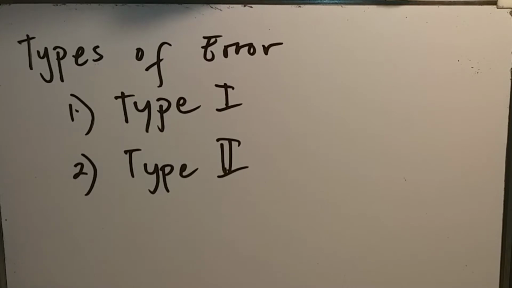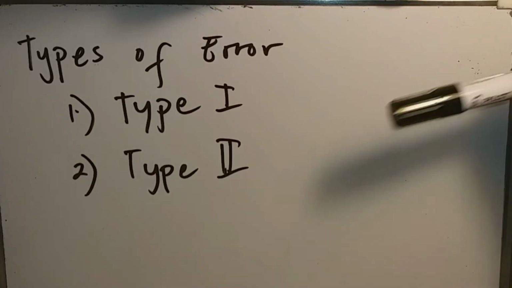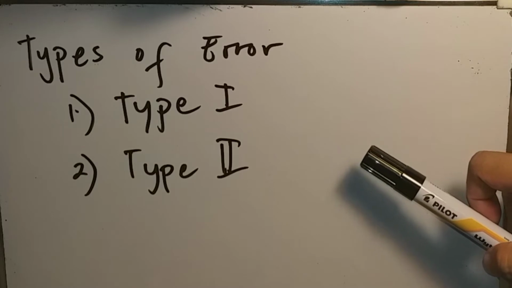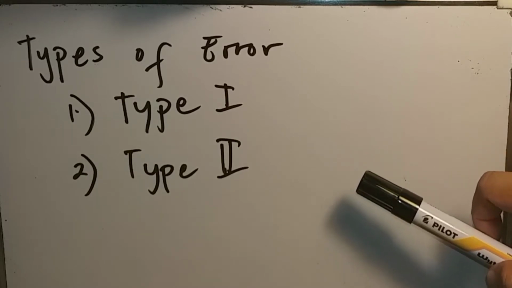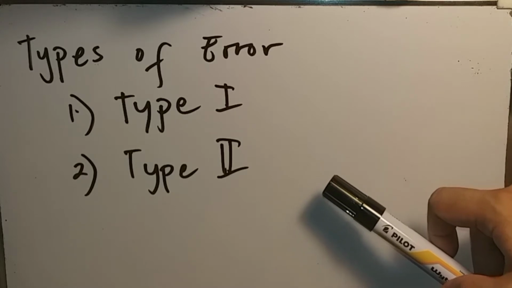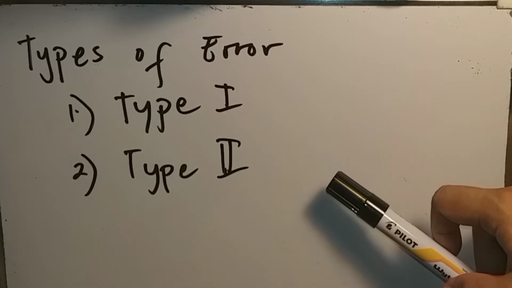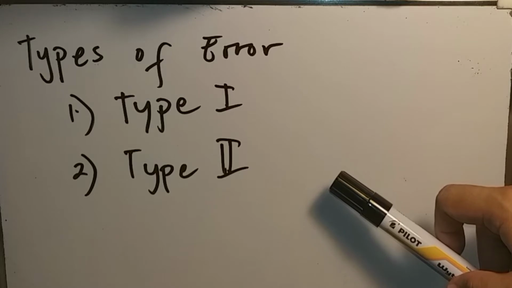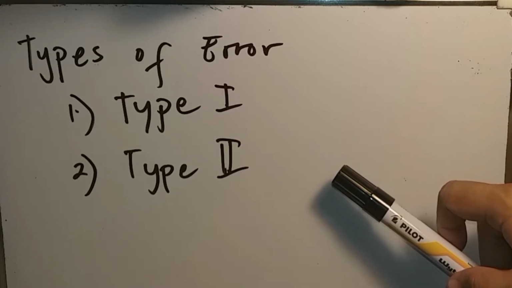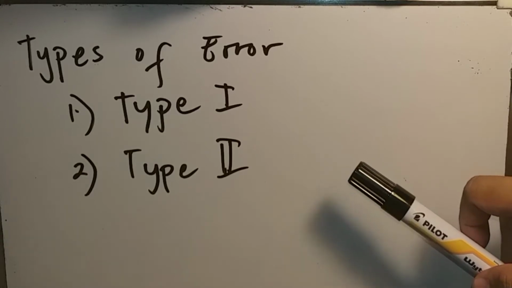In stating hypotheses, we have some types of errors that we need to consider. We have a type 1 and a type 2 error. A type 1 error occurs if the null hypothesis is rejected when it is true, and a type 2 error occurs if the null hypothesis is not rejected when it is false.